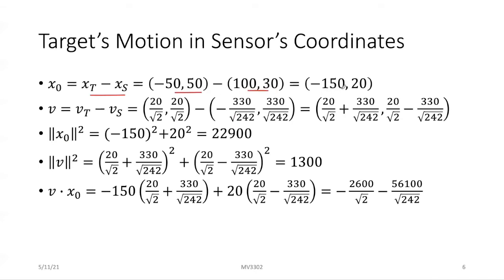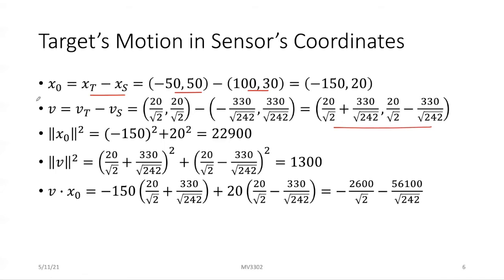So that means in the sensor's coordinate system, the target is at minus 150/20. The velocity similarly is the difference of the velocities. So that's just these two things. And again, we want to carry it out as much as possible. So in this case, there's really no reason to simplify this any further until the very end where we want to find a number.